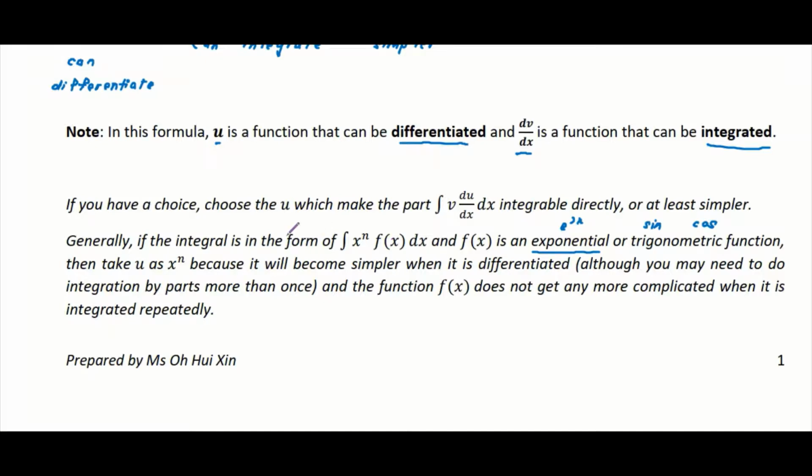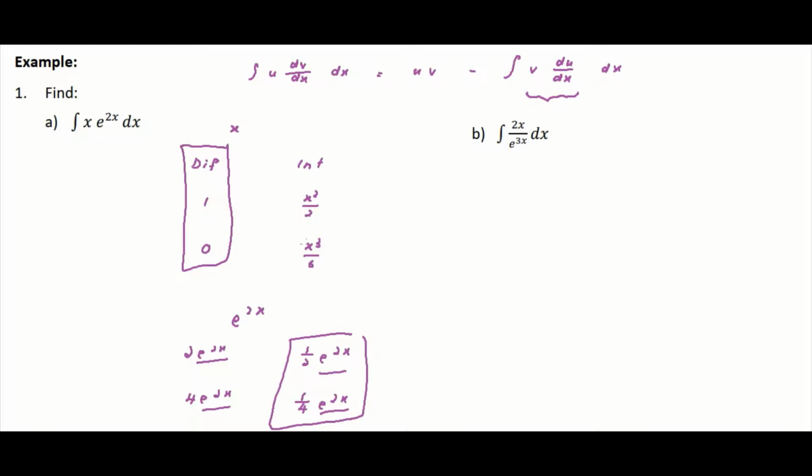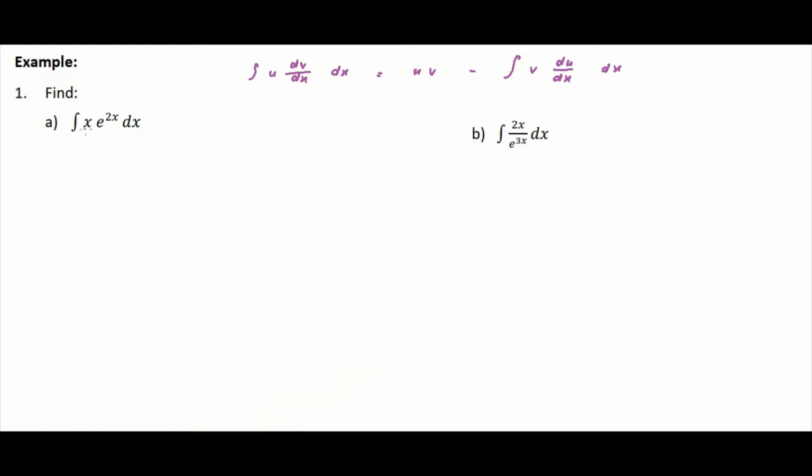Let me do the first example, then you can see this clearly. As we have x and e^(2x), we put u as x, and dv/dx as e to the power of 2x.